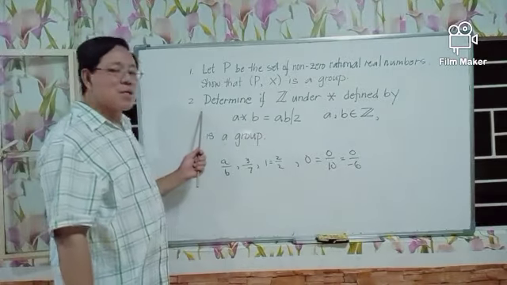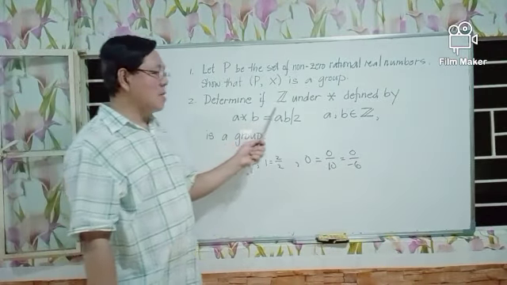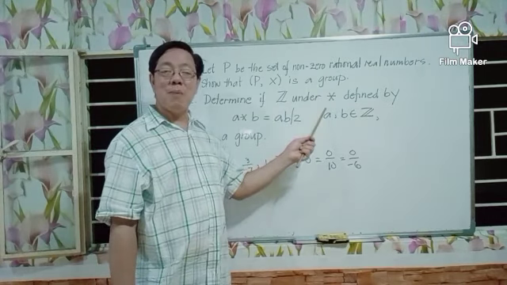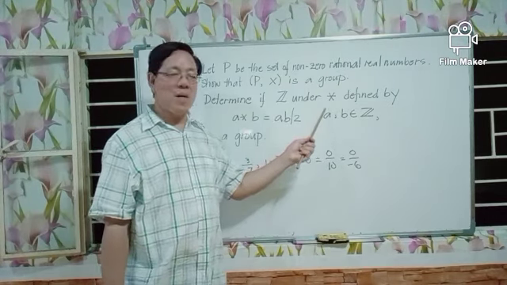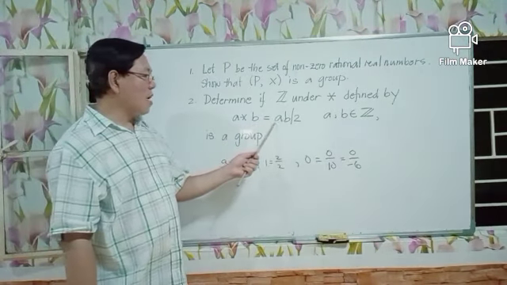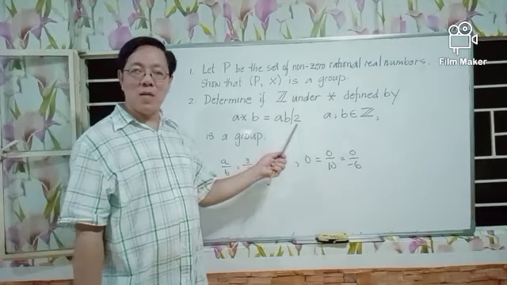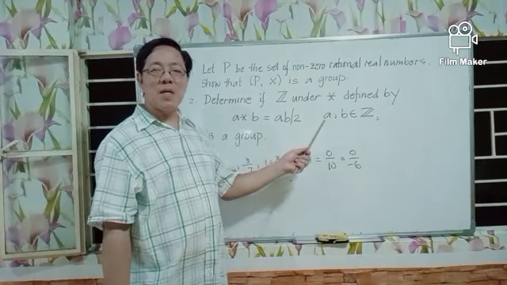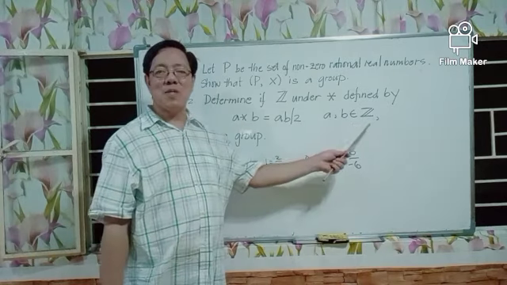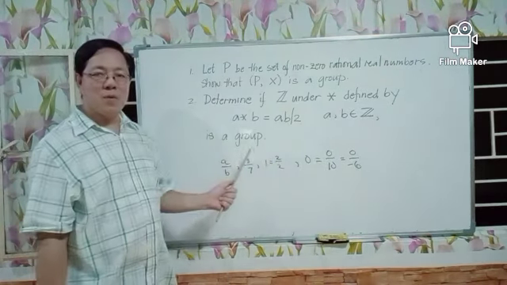And number 2, determine if the set Z of integers, under the binary operation star defined by this formula, A star B equals A times B divided by 2, for every integers A and B, elements of Z, is a group.